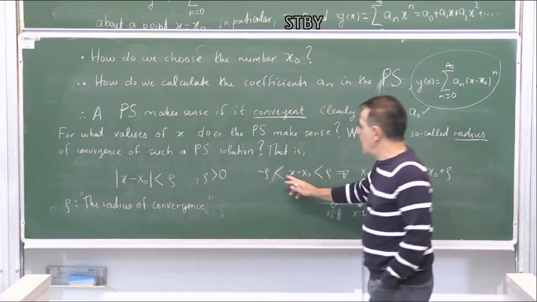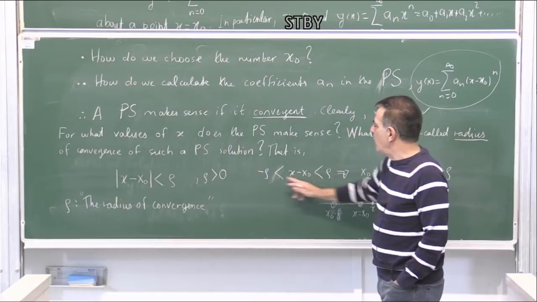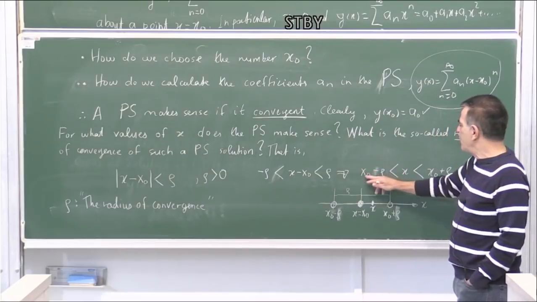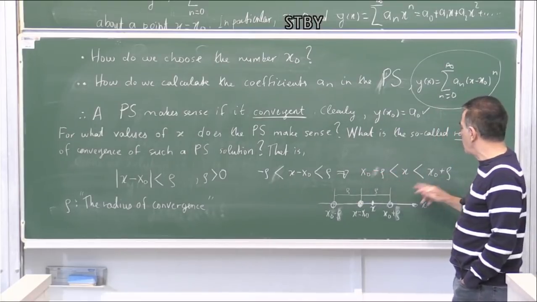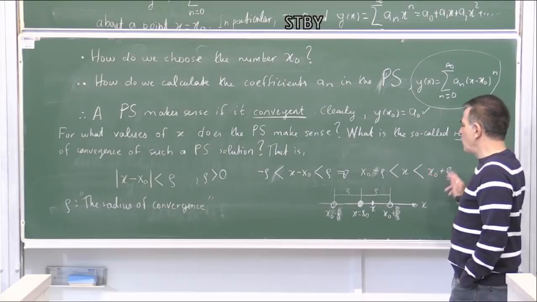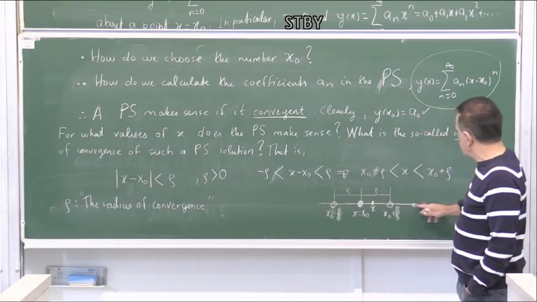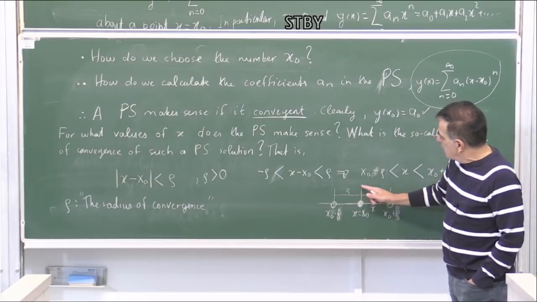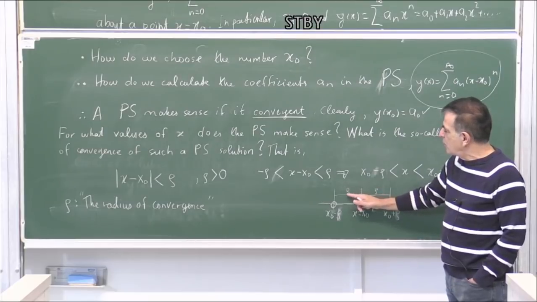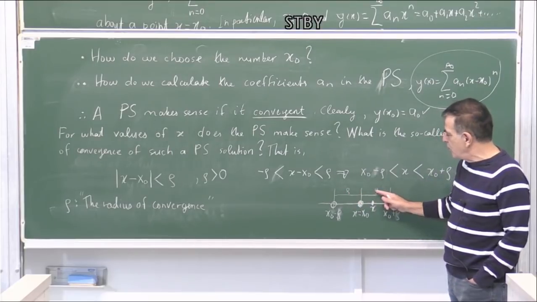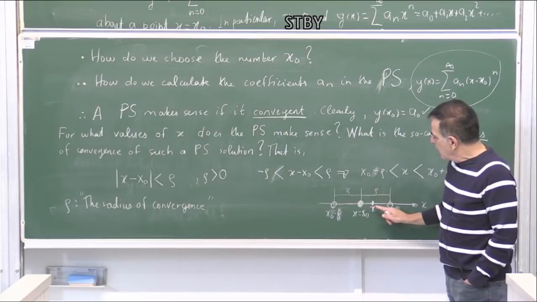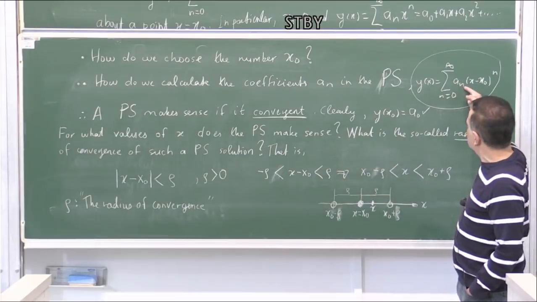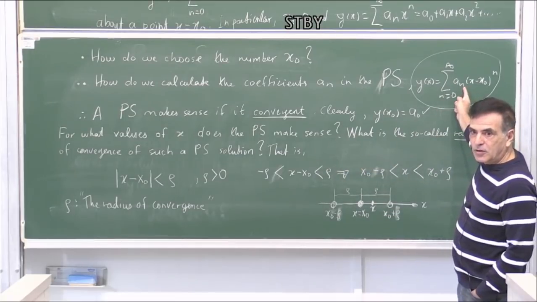Which means that for x values on this open interval from x0 minus rho up to x0 plus rho, on the x-axis, if rho stands for the non-zero radius of convergence, then for any x in this interval, this series makes sense, so it is convergent.